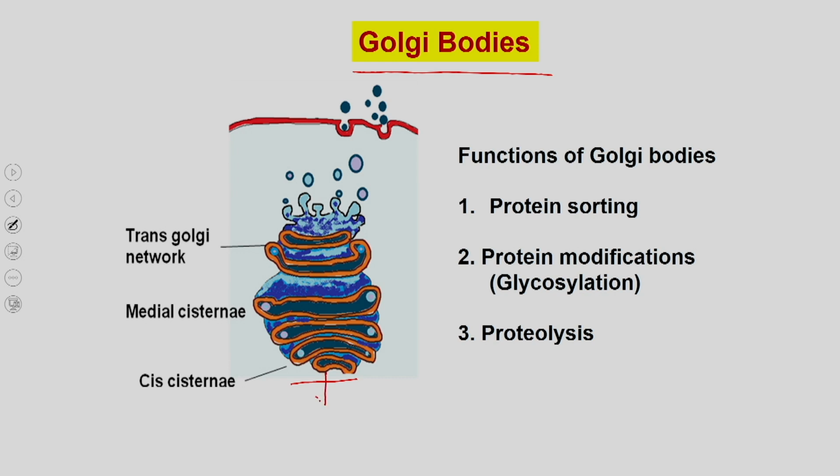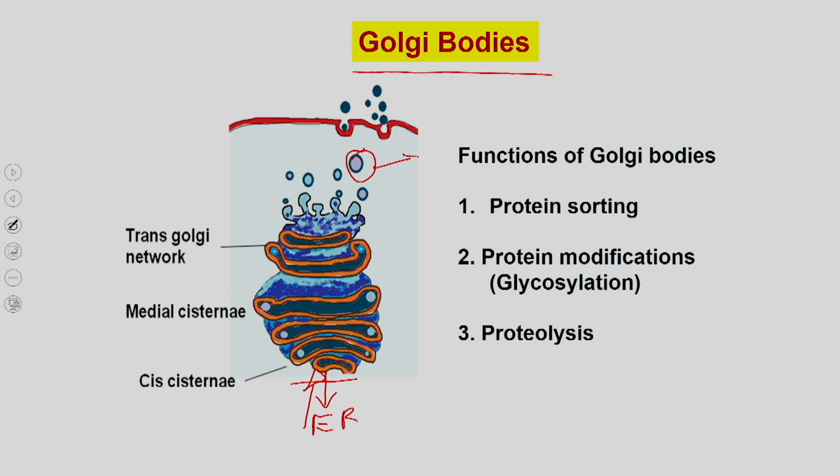This cis Golgi is facing towards the ER and it receives the substances from the ER. Then within these membranous structures, the protein is being processed, and then those processed proteins are being released from the trans Golgi part in the form of a vesicle.